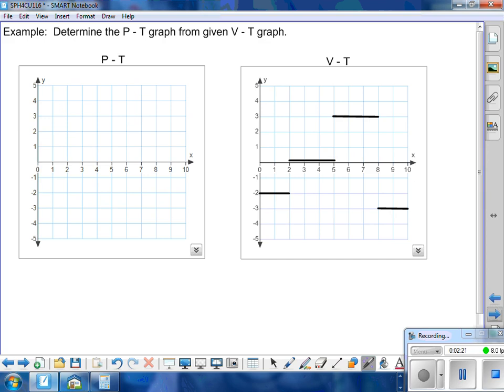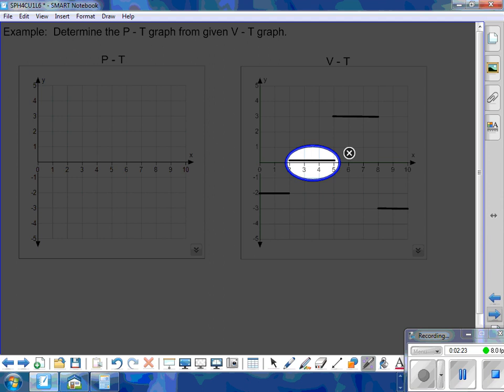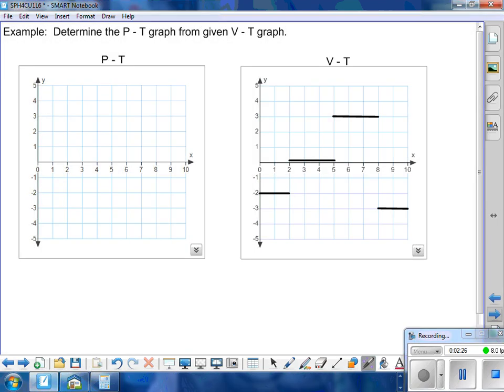Anytime you see that off the x-axis a little bit, it's meant to be on it. It's just as close as I can get with the software. So first thing I would do, I'm going to change colors, but I'm going to calculate all the negative areas. So here's my box, negative area, 2 times -2, that's a -4. Negative area, 2 seconds long times -3, so that gives me -6.